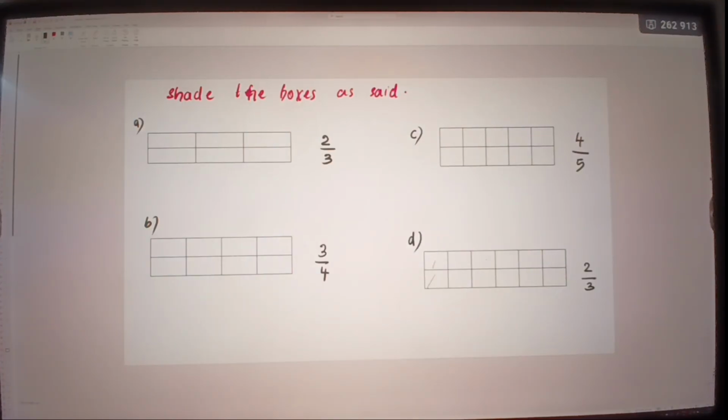Shade the boxes as said. So in total you want to figure out how many boxes there are. Total 6 boxes are there.